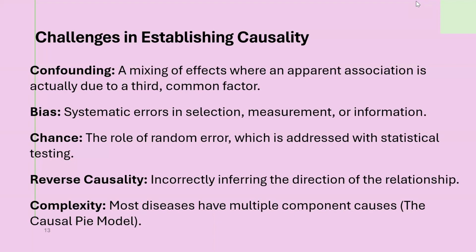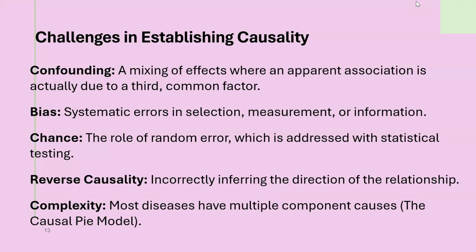And then chance, again, you could see associations that could be due to chance. Usually when we do statistics, we base our inferences on a 95% confidence interval. So that remaining 5% are associations that can happen by chance. So we must also not forget that there is an issue of random error when we are considering causality.